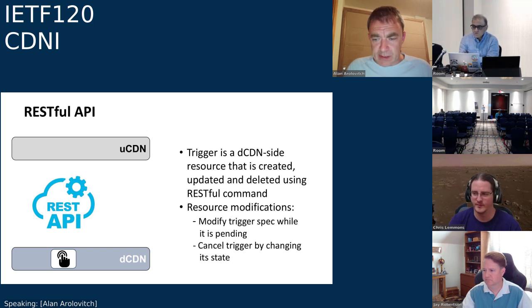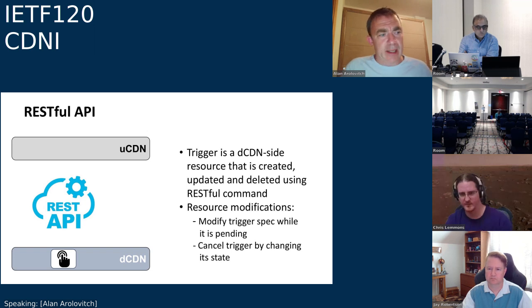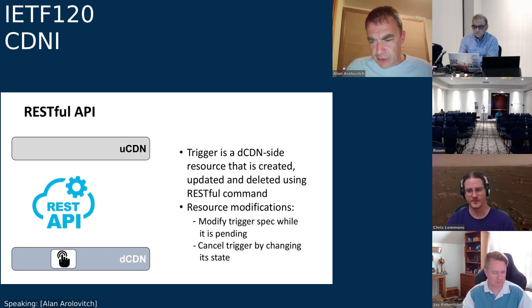But we did make an effort to align it end to end with RESTful semantics. The RESTful semantics basically says that a trigger is a resource that DCDN creates based on UCDN requests, and then such a resource can be created, updated, and deleted using RESTful commands. Things that were not feasible before are now allowed. Instead of encoding this in some sort of custom JSON payload, we're using just a straight HTTP verb, so it would be POST with this URL spec.